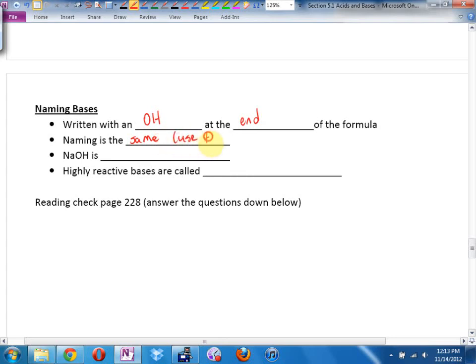We use the IDE rule. So, for example, NaOH, what would I call that? What's Na? Sodium. What's OH? You would call this sodium hydroxide.